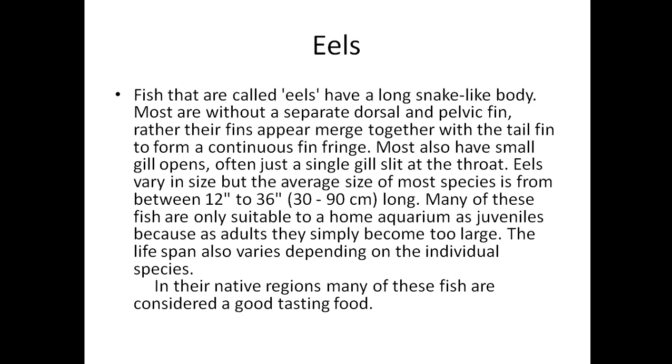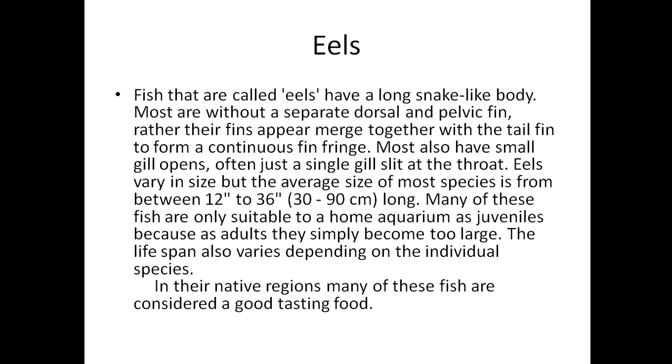As a result, instead of fins, you can see a continuous fin fringe on the body, on both the dorsal side as well as on the ventral side. And most of the eels have very small gill openings. In fact, there will be a single gill slit at the throat, only a single, very small opening.